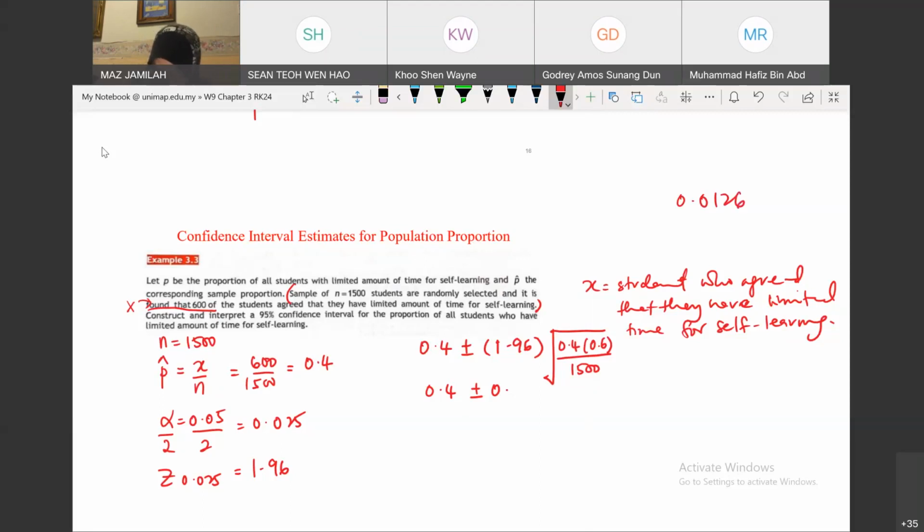So if you take 0.013, let's say 0.4 minus 0.0126.